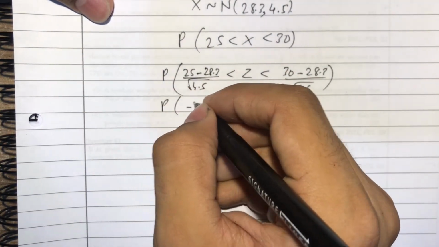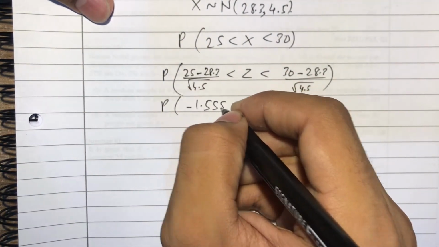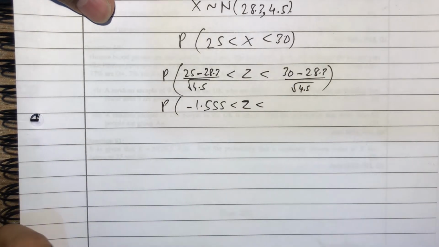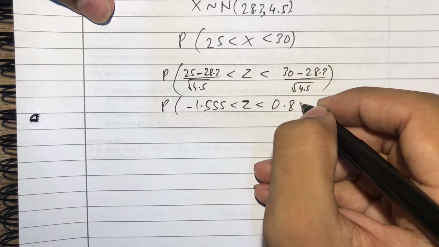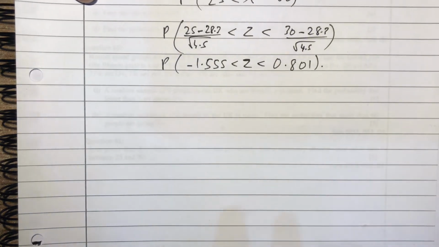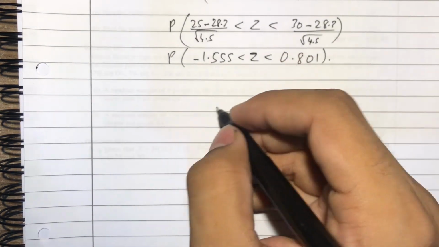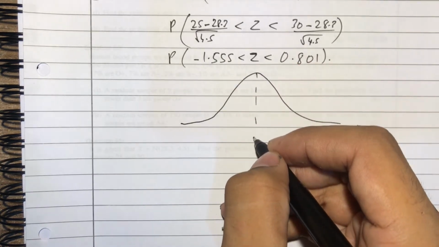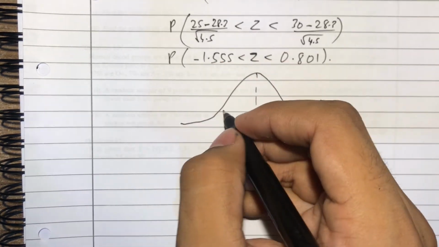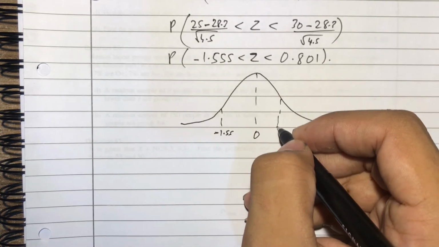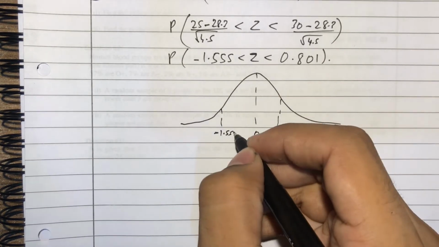So the probability of negative 1.555 is less than z is less than 0.801. Now let's draw the curve first to better understand it. So the mean is 0 now. Negative 1.55, let's say it's over here. 0.801 is here.